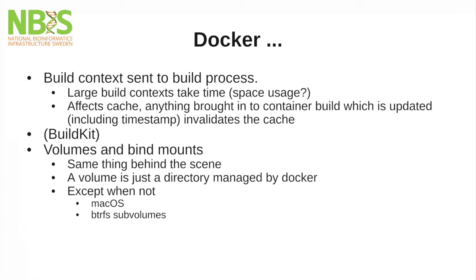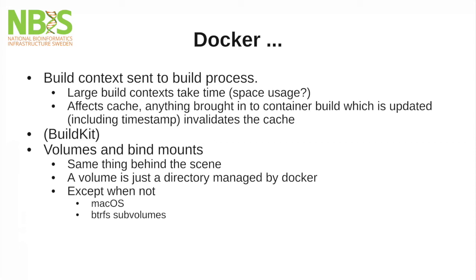There are, as mentioned, volumes and bind mounts, and on Linux, those are really the same. You have a directory or a file that you mount into the container. But if you're on macOS, a volume will be run in the virtual machine, whereas a bind mount will be served from macOS to the virtual machine.